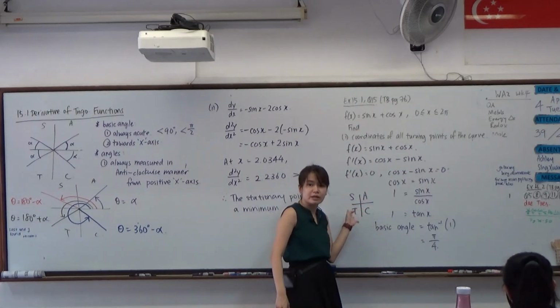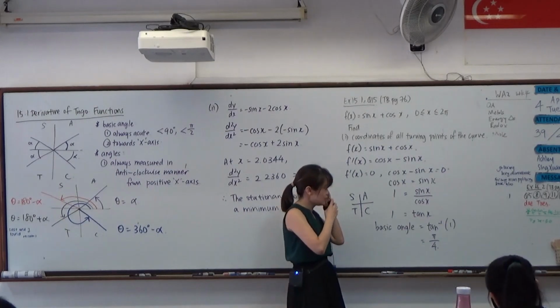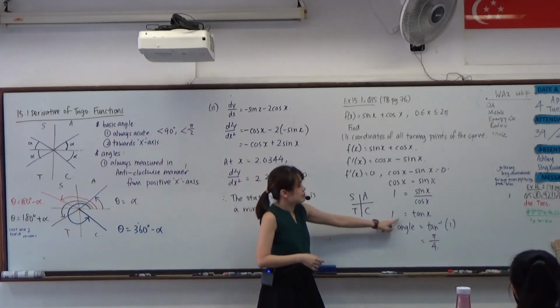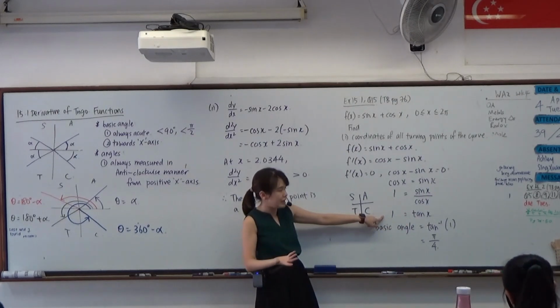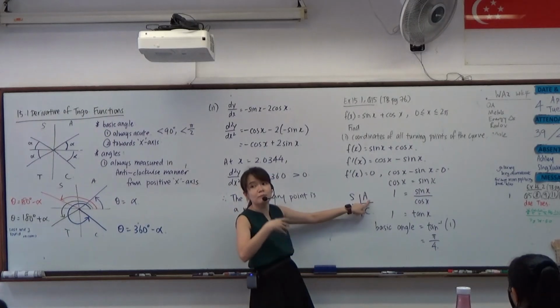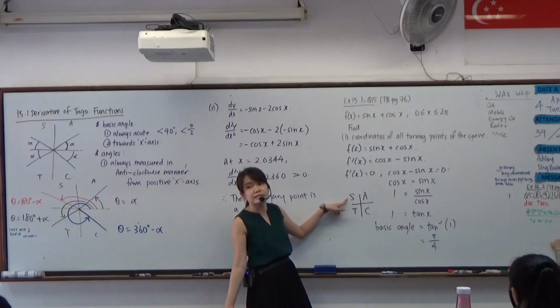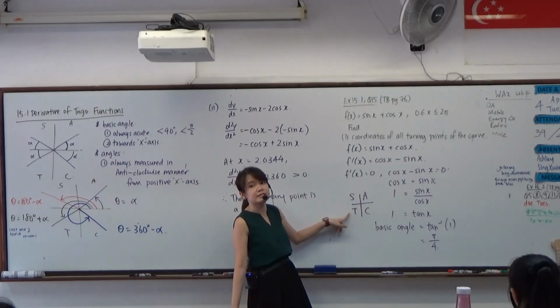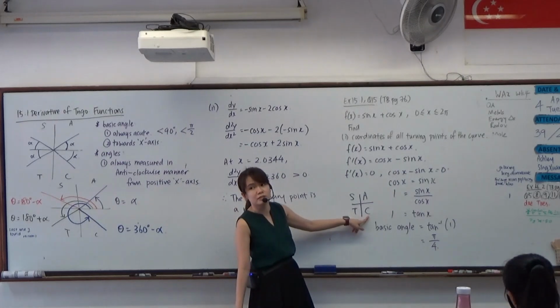Remember your quadrants repetition. In case you don't recall, tangent x equals to 1. 1 is positive in value. What does ASTC even mean? A means all positive, that means all your trigo is positive. S means sine positive, T means tangent positive, and C means cosine positive.